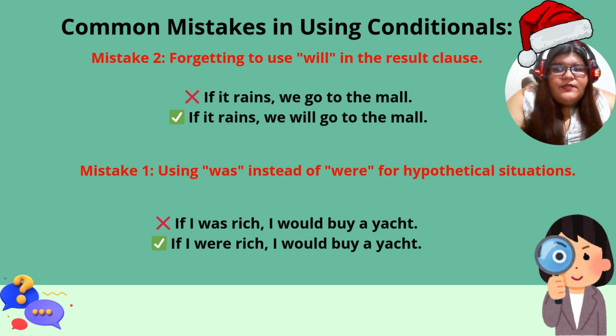For example, if I was rich, I will buy a yacht. And the correct form to say it is if I were rich, I will buy a yacht. Do you see the difference? Was and were. What word, guys, can make the difference between the sentences? Maybe the whole sentence could be grammatically correct, but if you make one mistake, maybe your teacher will take it as wrong. So be careful with that, especially in your test.